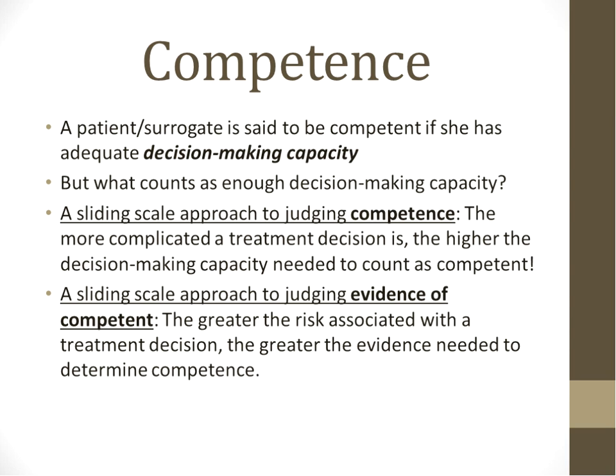Well, it actually depends. It depends on how much risk is associated with the decision. What's at stake in a decision? If there's a lot at stake, we want a lot of evidence that this patient knows what they're doing. If there's not a lot that hangs in the balance, we don't need a big amount of evidence that the patient is competent. Maybe just our general impression of the patient might suffice.